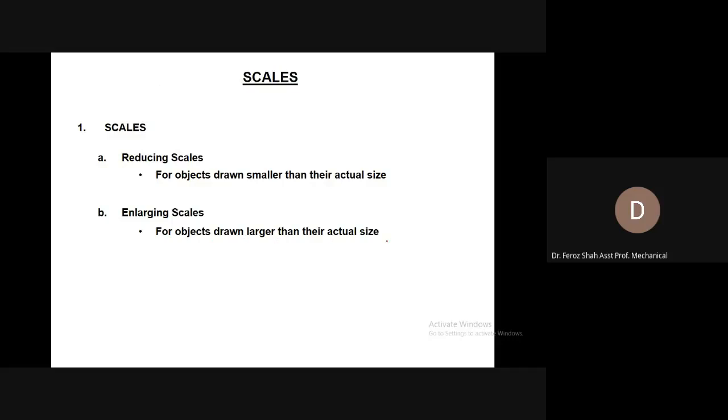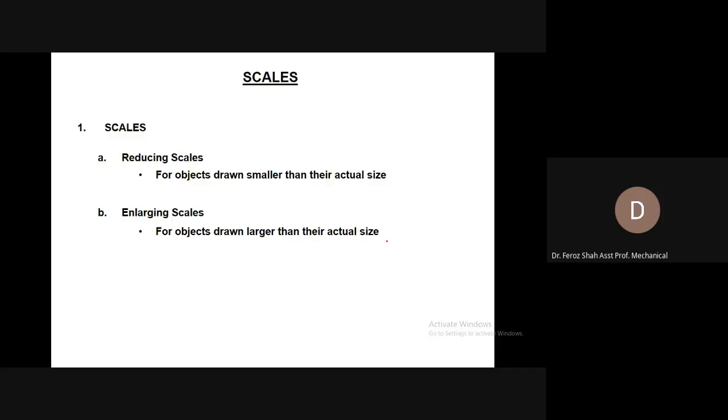So often we will be drawing objects very small as compared to our drawing area. For example, the object can be in micrometer or nanometer, so that cannot even be visible if you draw it to their actual sizes.